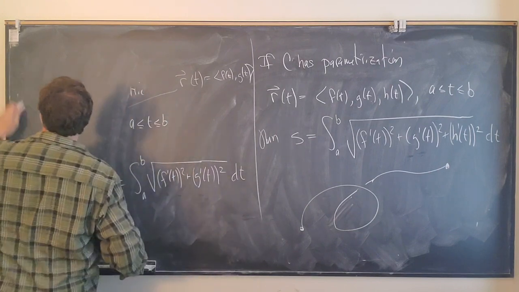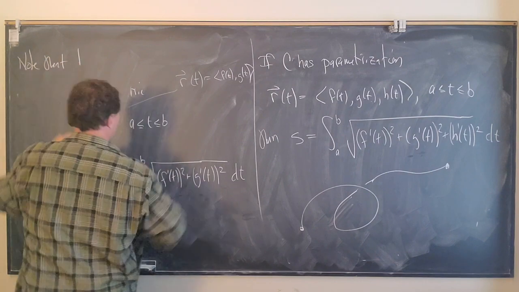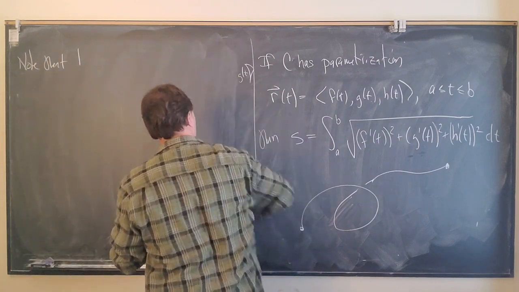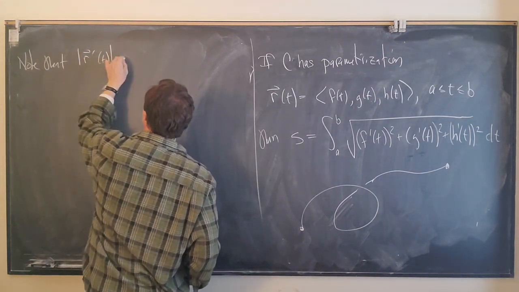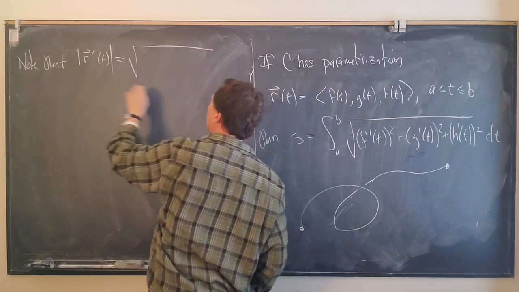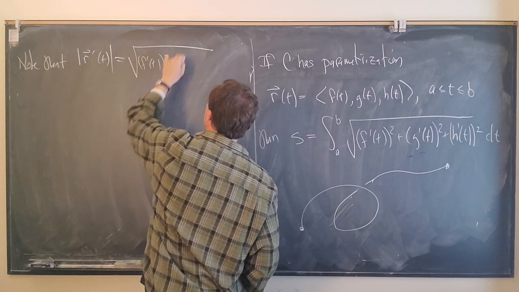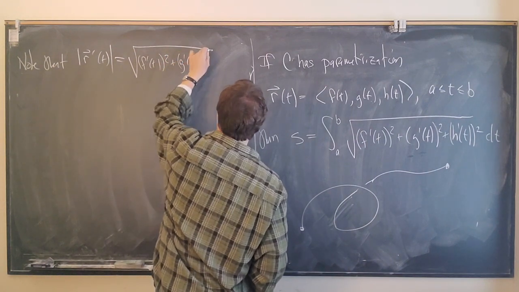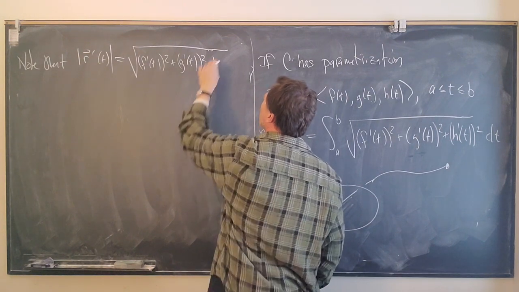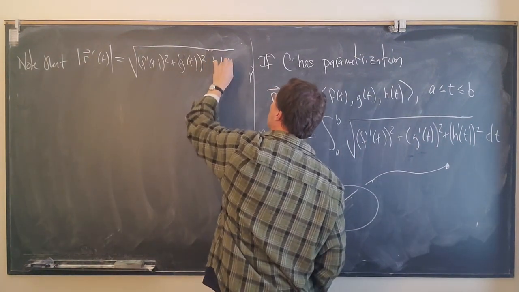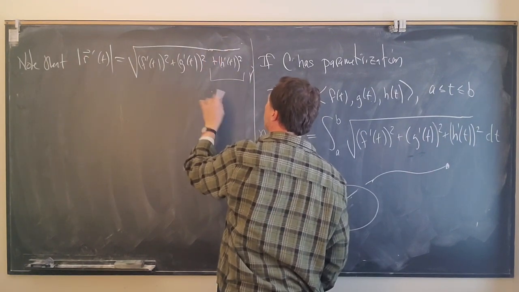So note that the length of r prime of t is equal to the square root of f prime of t squared plus g prime of t squared plus h prime of t squared, where this last part you need for 3D.